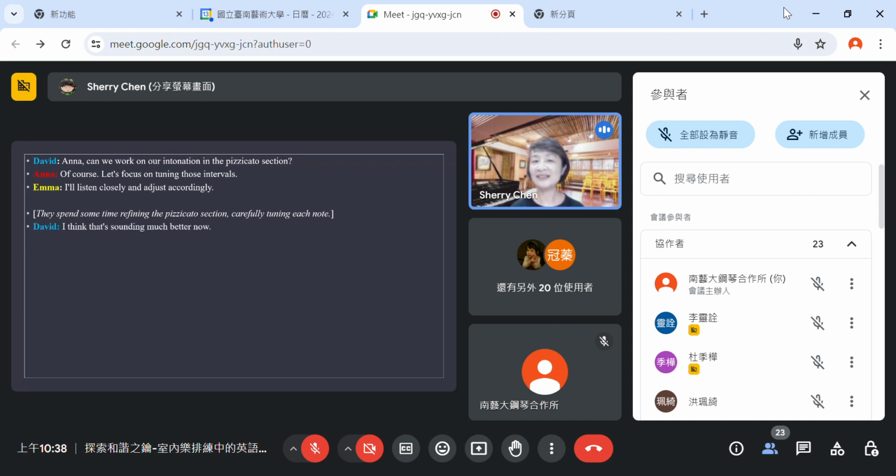David says, I think that's sounding much better now. Agreed. Let's move on to the final section, Emma. Could you give us a cue before the tempo change? So Anna is asking Emma to give a cue. 她希望她给一个指令，就是开始的指令。Sure thing. I'll give a clear signal with my left hand.